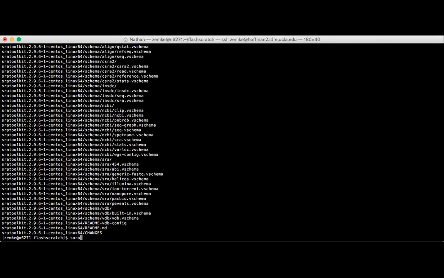So sratoolkit, bin, fastq-dump, minus capital Z, and then you type in the identifier for the specific data set that we are going to download from NCBI. And then we output it as the name we want to give it, which is STAT1 30 minute IFNA interferon alpha dot fastq.